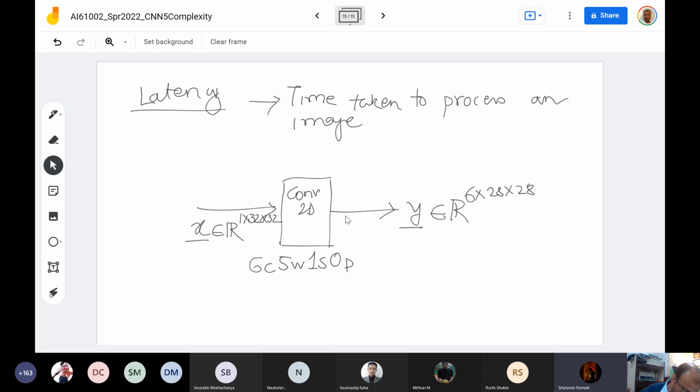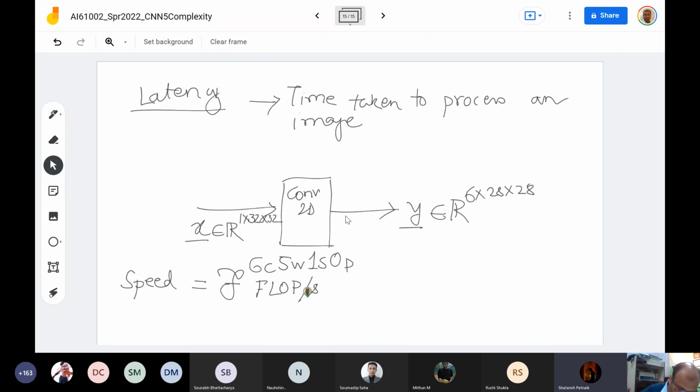So say my speed is equal to some, what do I say? Give me a variable. V. F number of floating point operations per second.